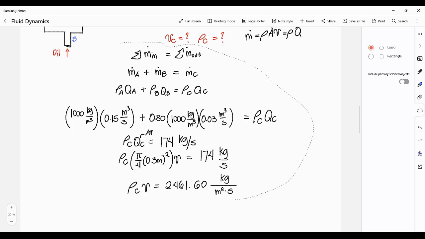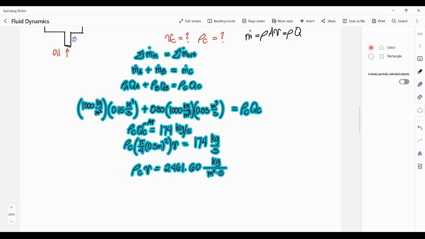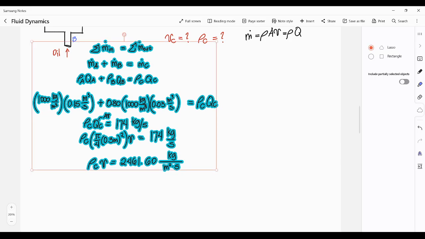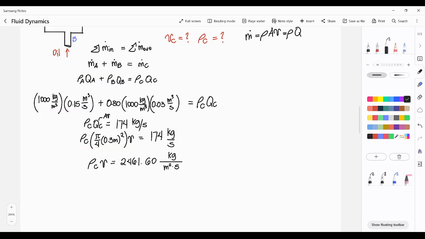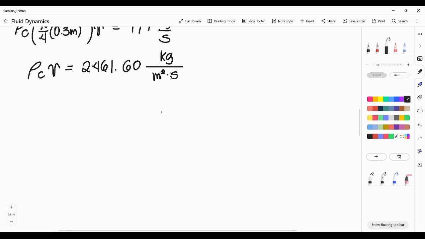So, the continuity equation naman, yung Q in is equal to Q out. So, gagamitin lang natin yun to solve for the missing. So, we'll have another equation na magagamit natin para mahanap yung mga nawawalang variables. The volume flow rate going in and the volume flow rate going out.